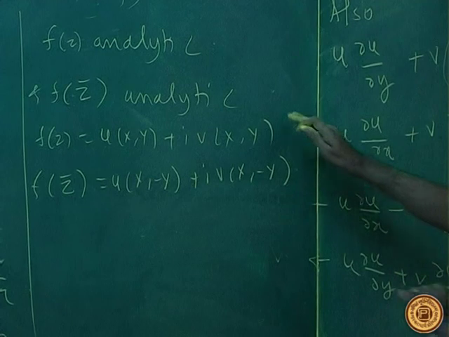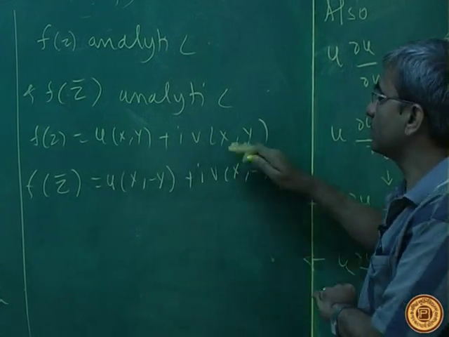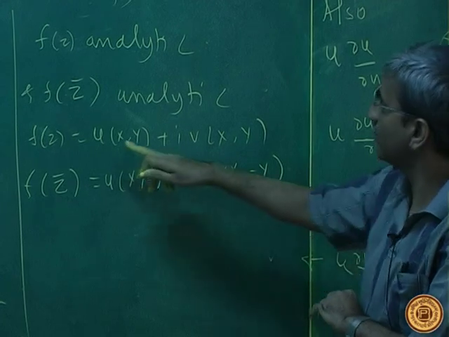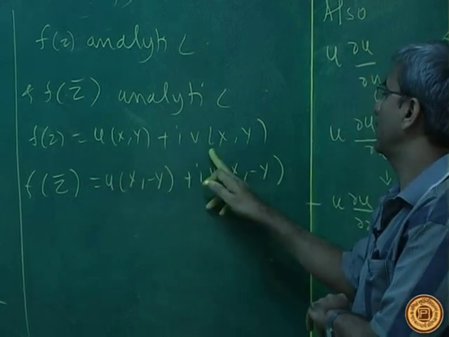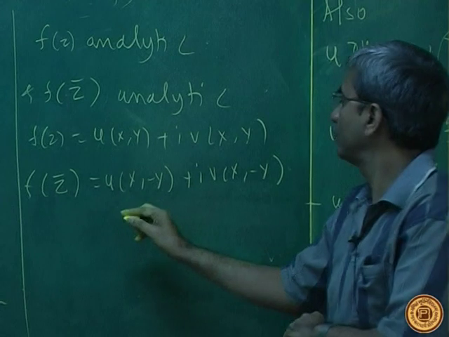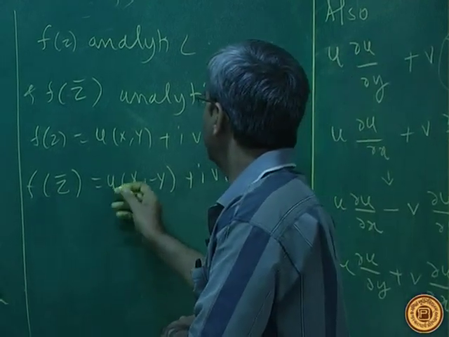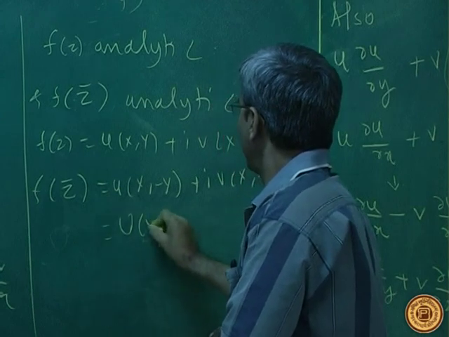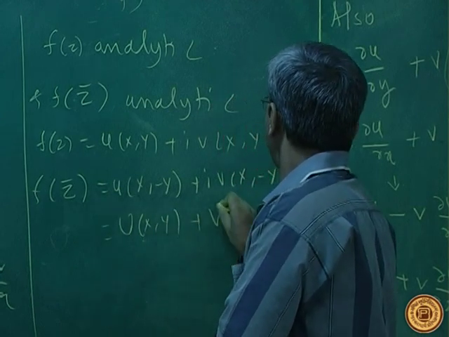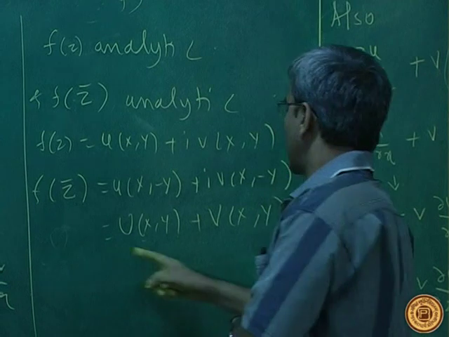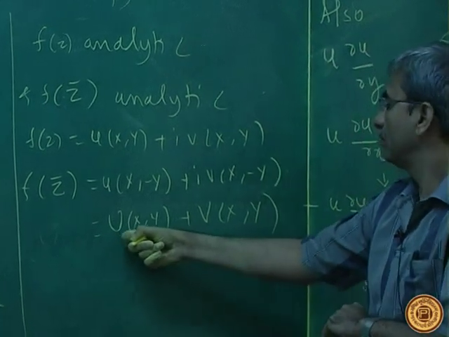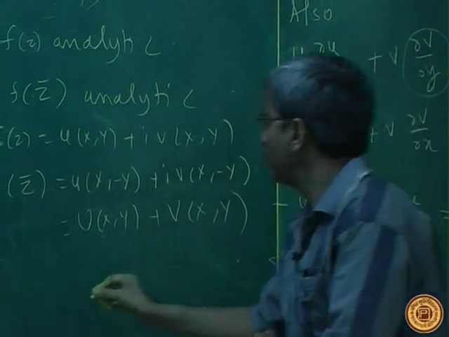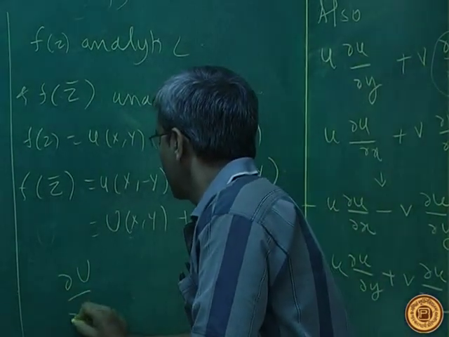Now both are analytic means real and imaginary parts of both the functions will satisfy Cauchy-Riemann equations. So ∂u/∂x is ∂v/∂y. Now if you call this as capital U, so capital U of (x,y) plus capital V of (x,y). So ∂U/∂x is ∂V/∂y, but ∂U/∂x will be equal to what?